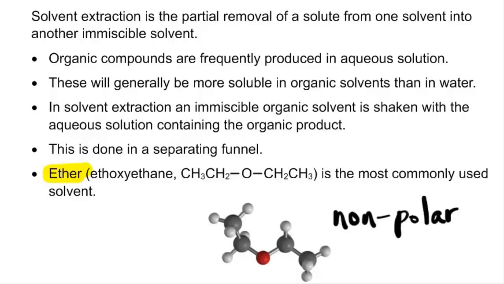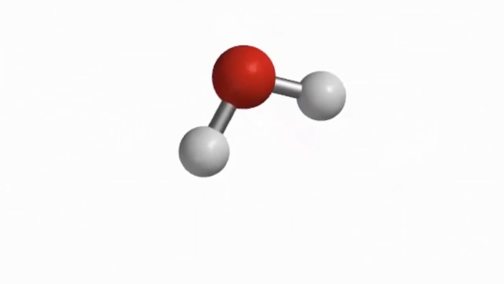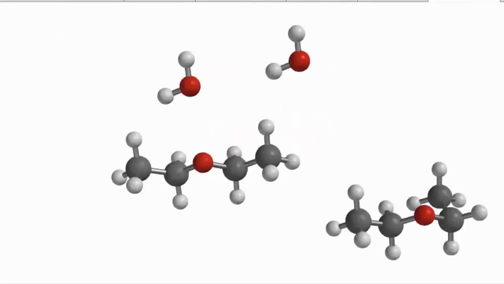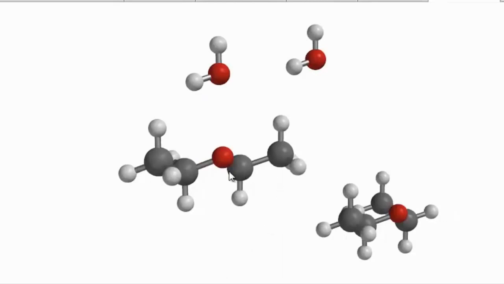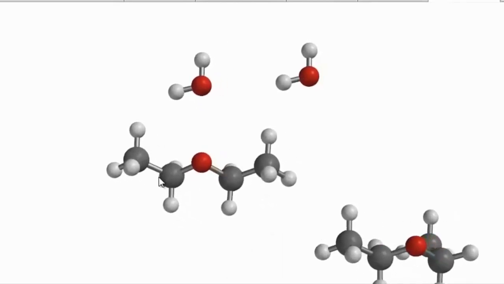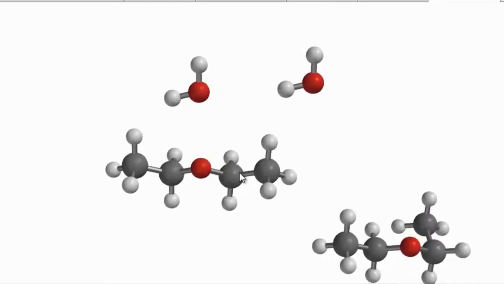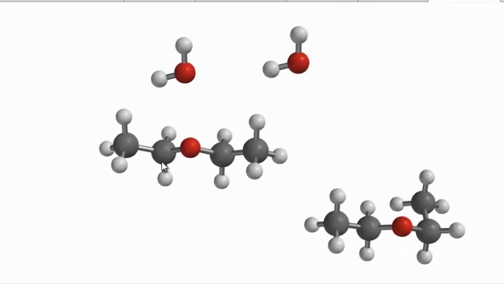Now let's consider water as well. This is a water molecule. And water, of course, in view of its bent shape and its two dipoles that don't cancel, is a polar molecule. Added to that, water molecules can form very strong dipole-dipole forces known as hydrogen bonds.